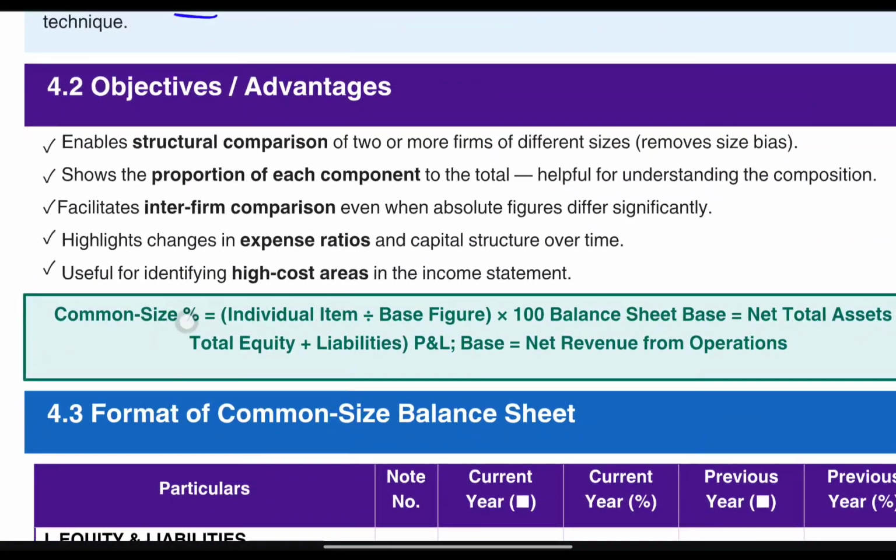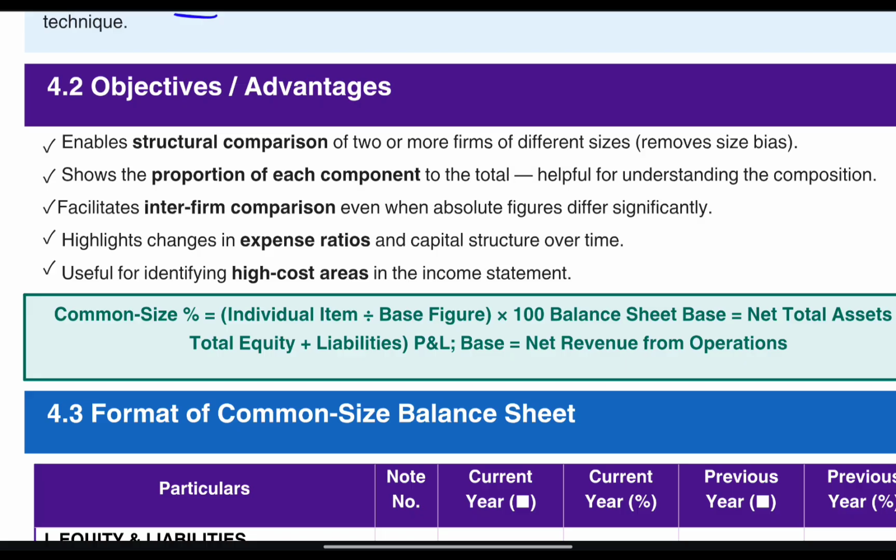What are the advantages or objectives of common size financial statements? First, it enables structural comparison of two or more firms of different sizes. That means it removes size bias from the comparison or data. Second, it shows the proportion of each component of the total.